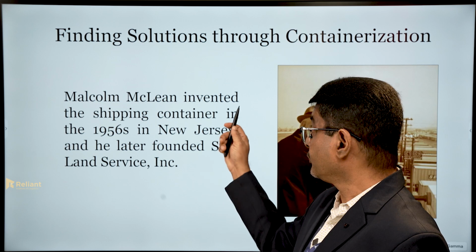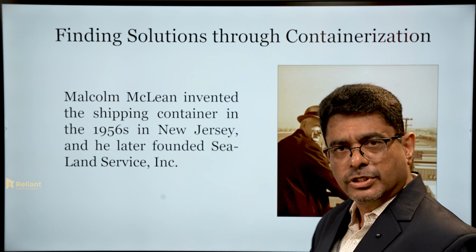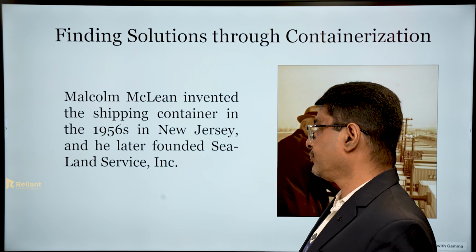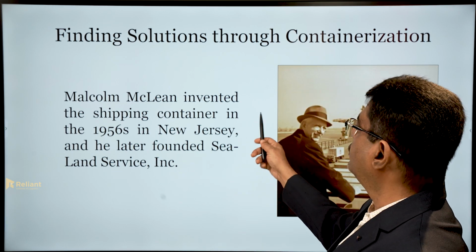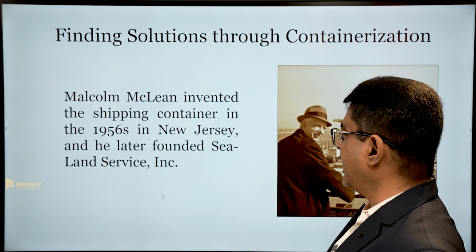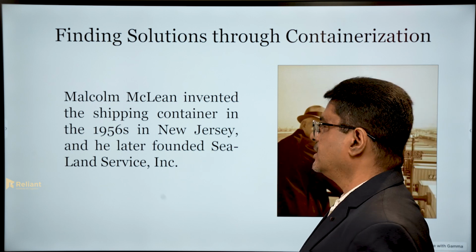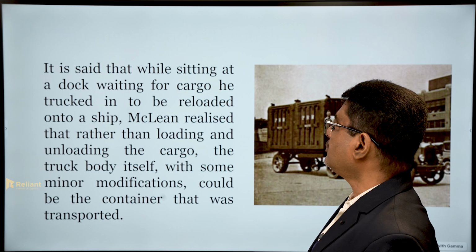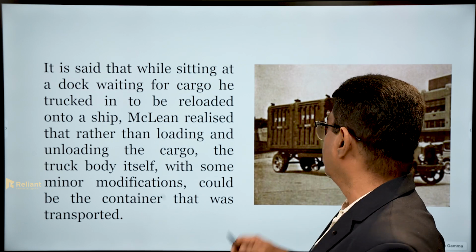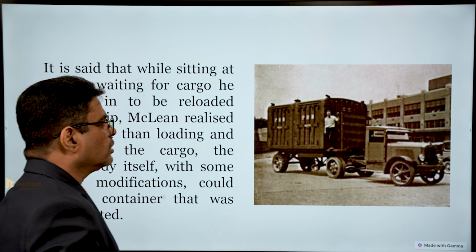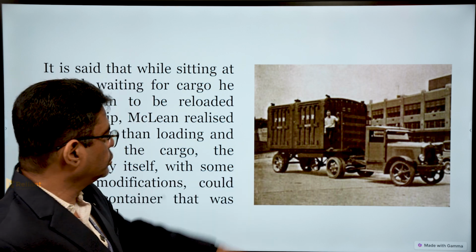Now Malcolm McLean was a person who completely revolutionized the shipping industry. It was he who invented the shipping container in 1956 in New Jersey, and he later founded Sea-Land Services. As you can see in the image, this is the truck where cargo comes to the port.